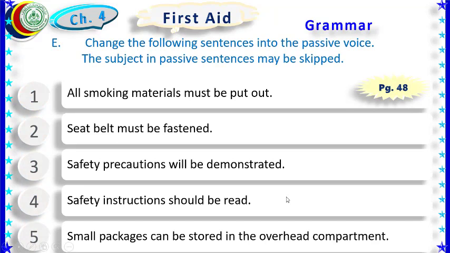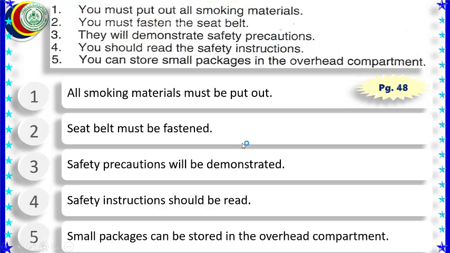Here in this exercise, we are set to change the following sentences into the passive voice. The subject in a passive sentence may be skipped. Dear students, you may want to see the given sentences. They are here. You must put out all smoking material: all smoking materials must be put out. You must fasten the seat belt: seat belt must be fastened.